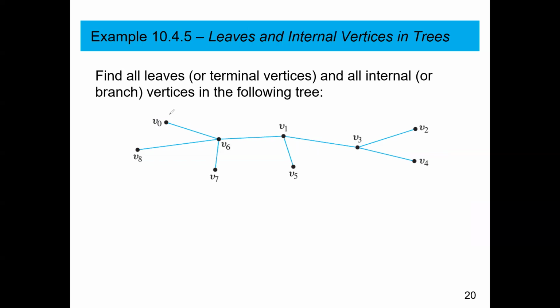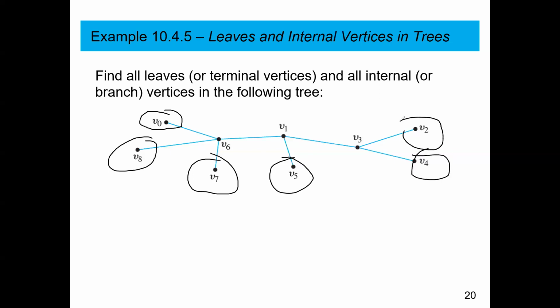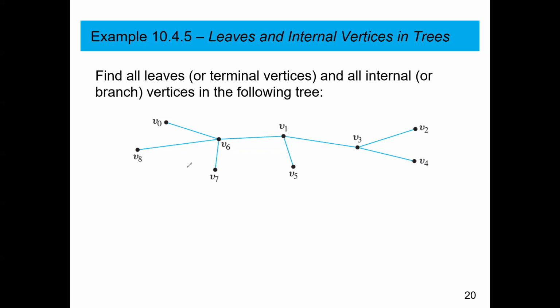So V0 would be a leaf, V8 would be a leaf, V1 would be a leaf. Just what are all the vertices that have degree one? That's really easy to see. Now, there are different ways to have drawn this graph that would indicate this idea of what's called a root.